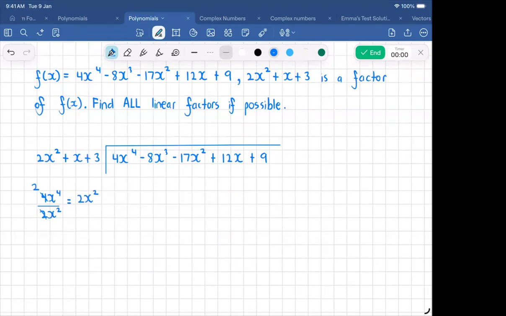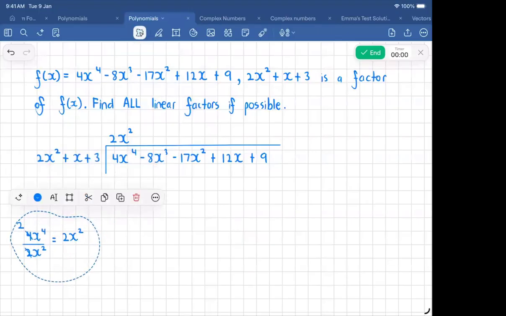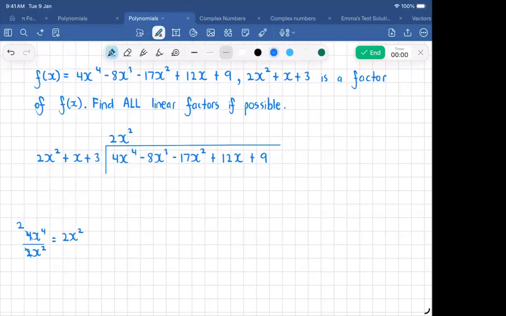Perfect. What am I going to do with that 2x squared? It's going to multiply the entire divisor. What is 2x squared by 2x squared? 4x to the power 4.